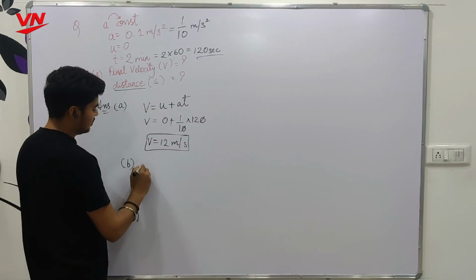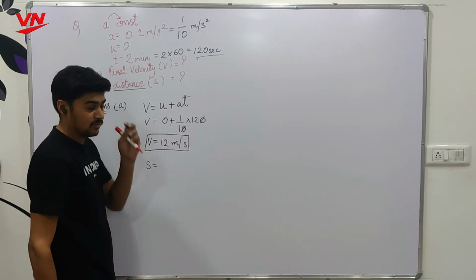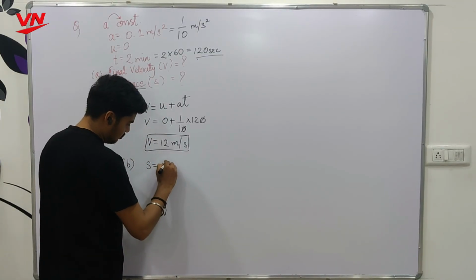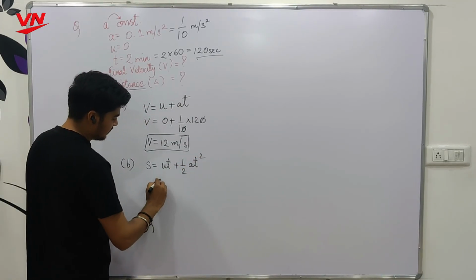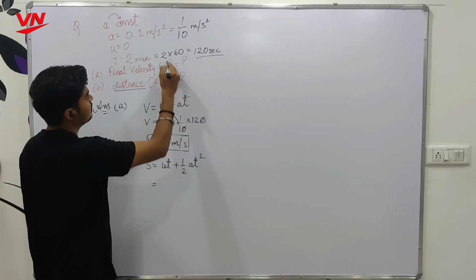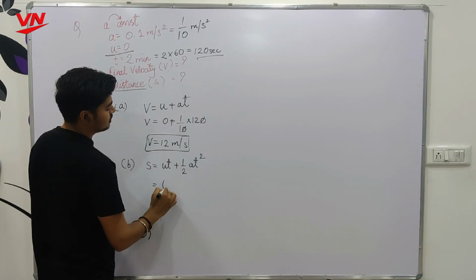Now to calculate the distance s, if you remember, we have a formula, that is s is equals to ut plus half at square. Again, the initial velocity is 0, so I will put 0.